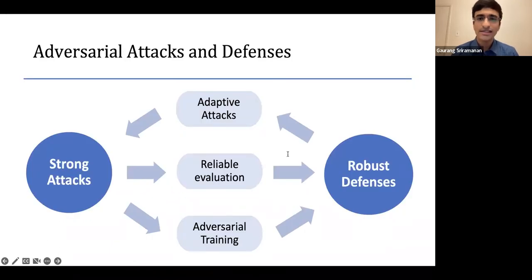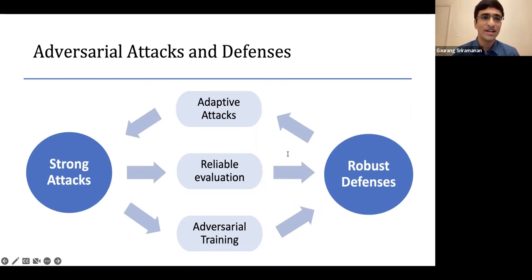So advances in the development of adversarial attacks have been fundamental to the progress of adversarial defense research as well. Efficient and effective attacks are crucial not only for reliable evaluation of these defenses, but also for developing robust models in themselves. On the other hand, robust defenses also motivate research towards developing stronger attacks.